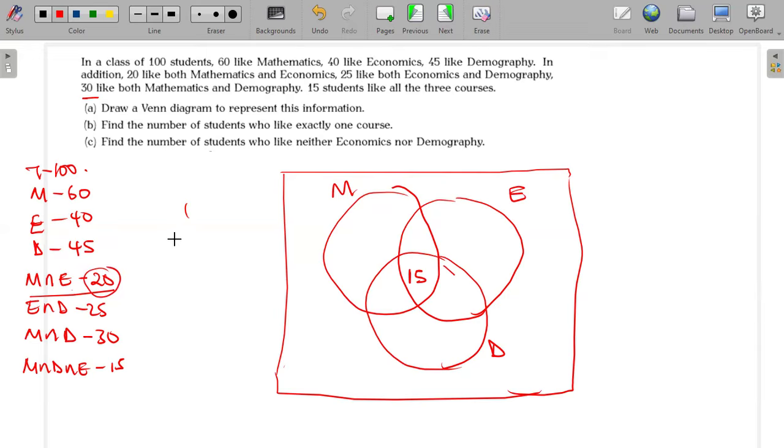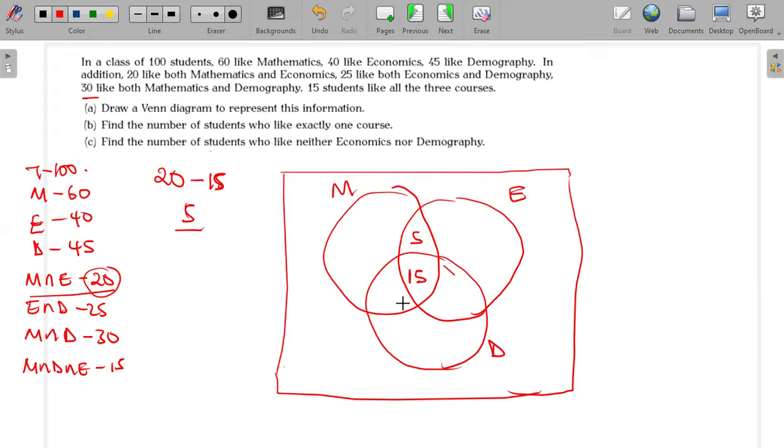What we want is those that like mathematics and economics only. So we will remove those that like demography. So we say 20 minus those that also like demography in there, the 15. So you remain with 5. So here the 5 is going to go there. That 5 represents those that like mathematics and economics only.